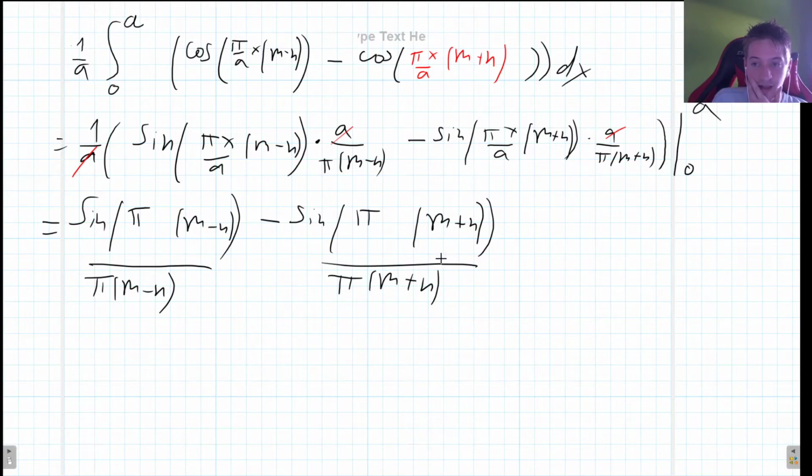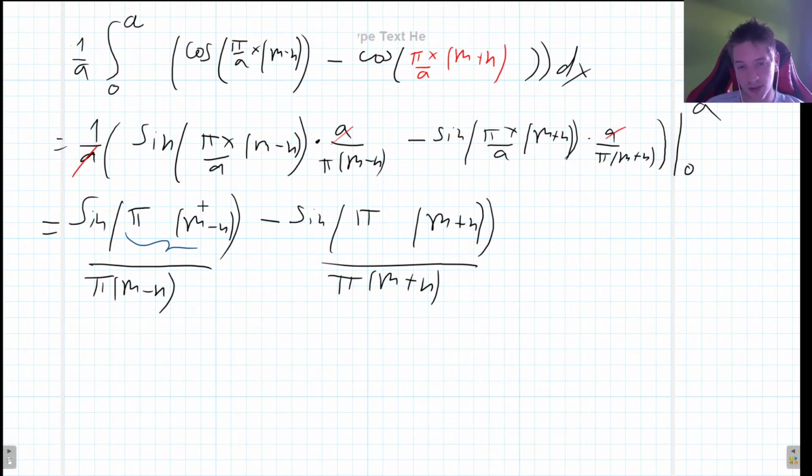So the thing is, m and n are both integers. So that means that both m plus n as well as m minus n are going to be integers as well. So what we are going to have in the argument of the sine function is maybe pi or 2 pi or 3 pi or 4 pi or whatever.